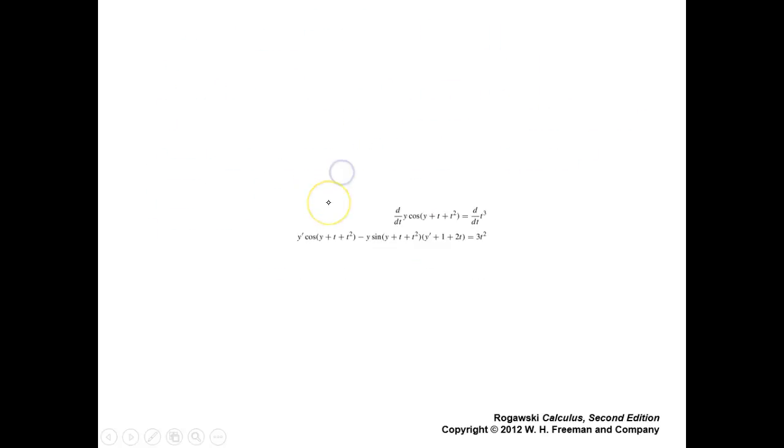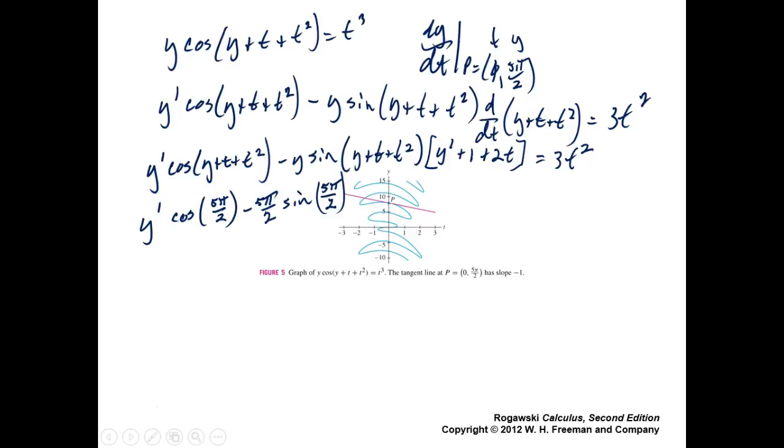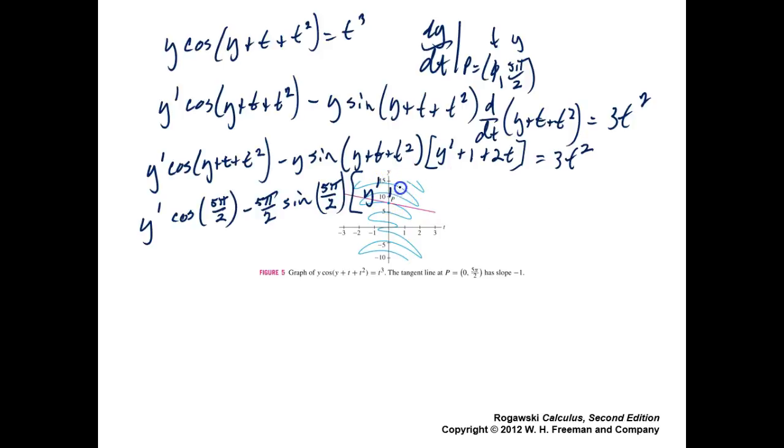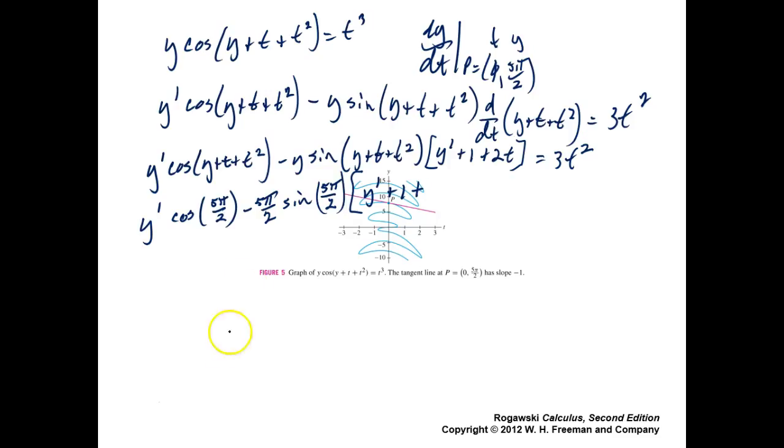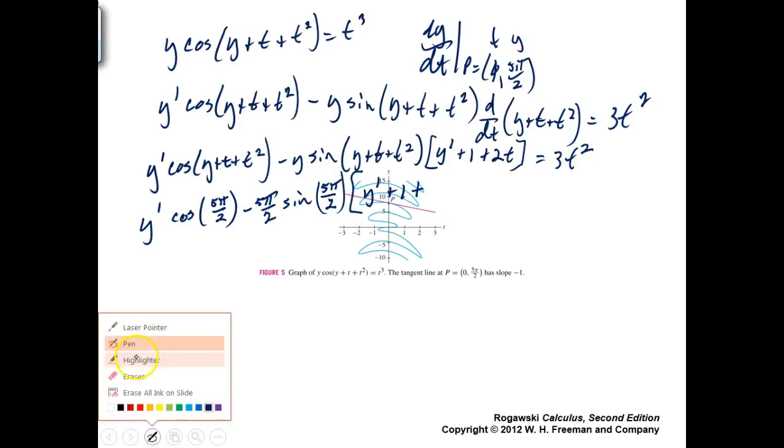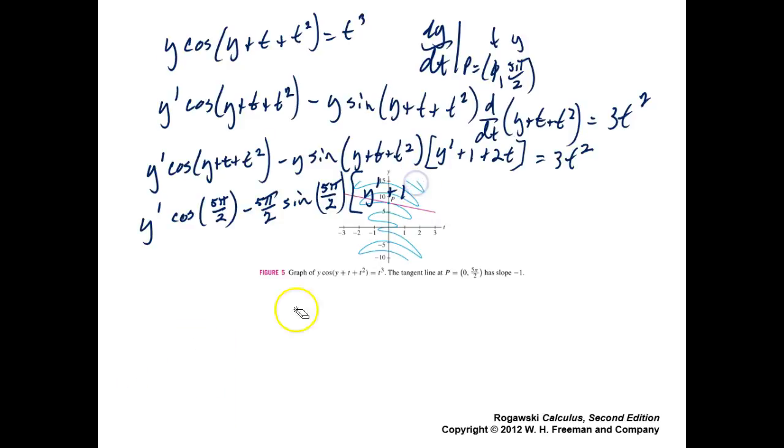So we'll just leave that alone. Times, here's the y prime again. That's what we're ultimately going to be solving for. Plus 1 plus 0. 2 times 0 is 0, so we really don't need that last plus. And this is equal to 0 because t is equal to 0. That simplifies things considerably.